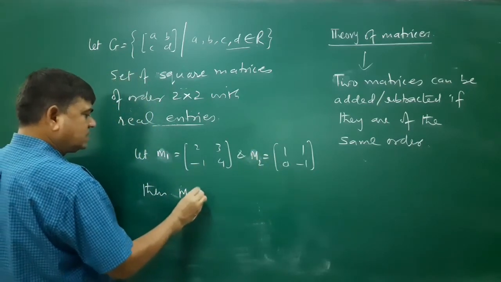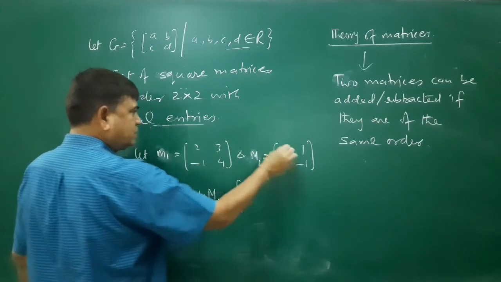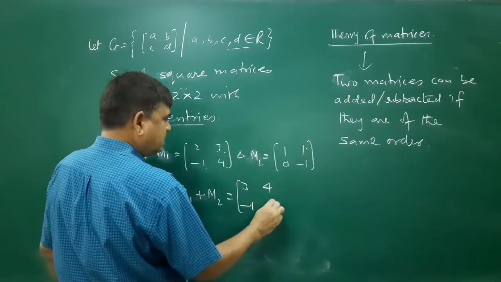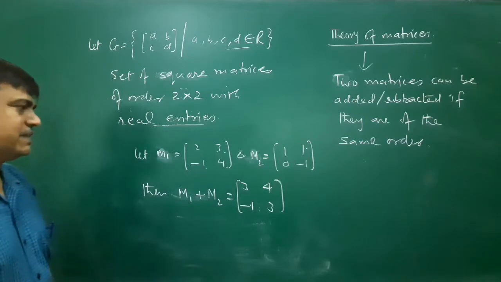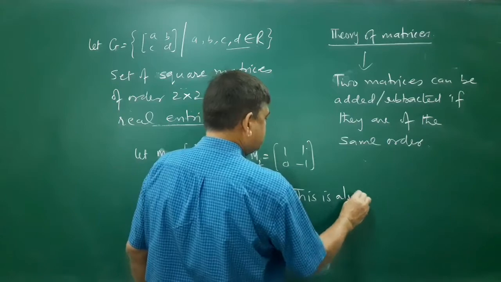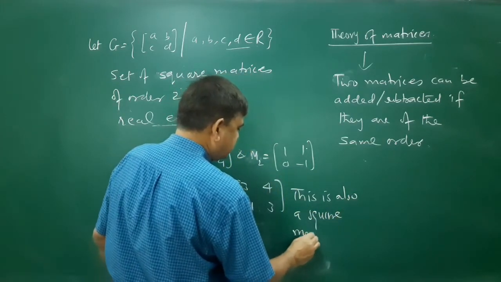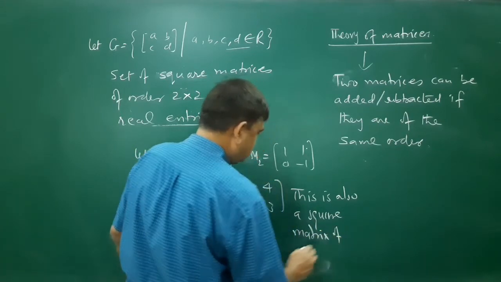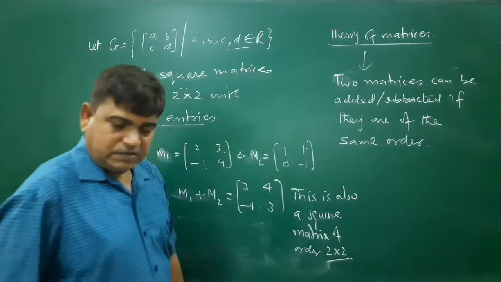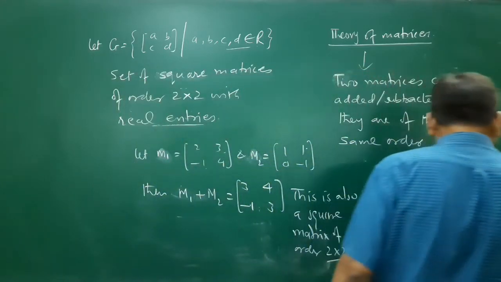Then M1 plus M2 is [2 plus 1, 3, 3 plus 1, 4; minus 1 plus 1] here. This is also a square matrix of order 2. Okay, so matrix addition is closed.